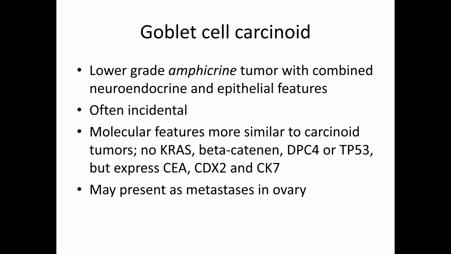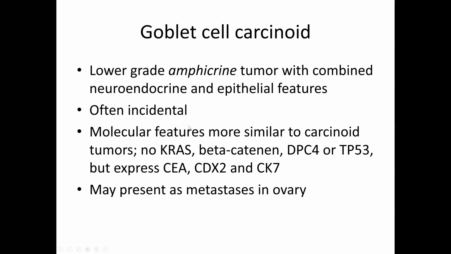Now, a confounding challenge is the goblet cell carcinoid, which is a combination of both an amphicrine tumor with neuroendocrine and epithelial type features. So this is, again, usually incidental. It's a small, not grossly evident lesion. But these lesions typically have more carcinoid-like features rather than carcinoma.